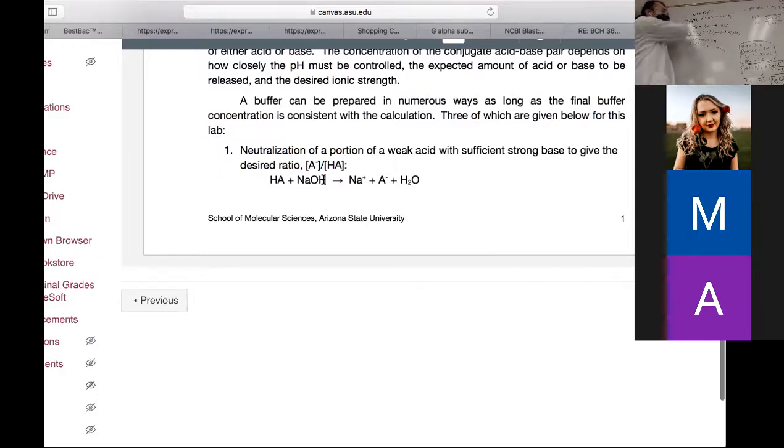So very similar to the first method. You still need to know how much HCl to add into the solution. The concentration of HCl needed is equal to the final concentration of the weak acid, which is HA here.